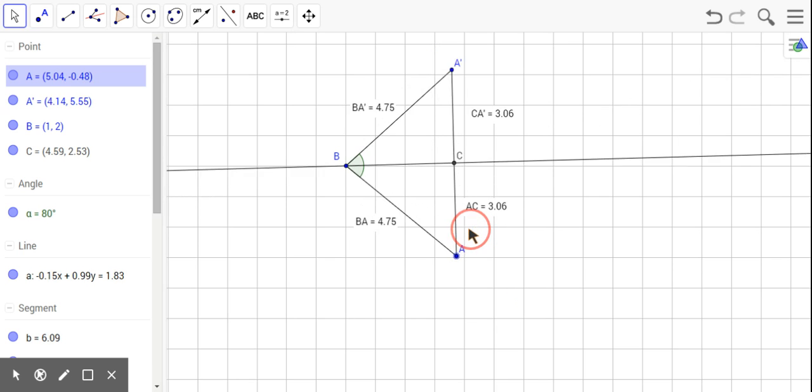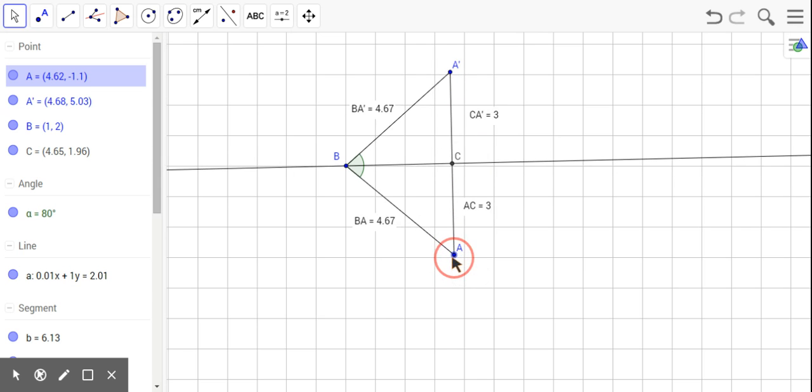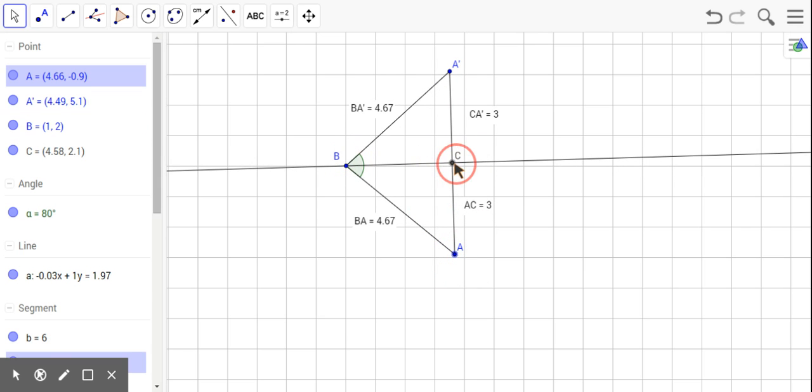Okay, what I hope that you saw whenever I was moving this around was that no matter what, AC and A prime C were congruent. The angle bisector theorem tells us that if you bisect an angle like BC did, and then you connect a segment through that point, the segment itself is also bisected.